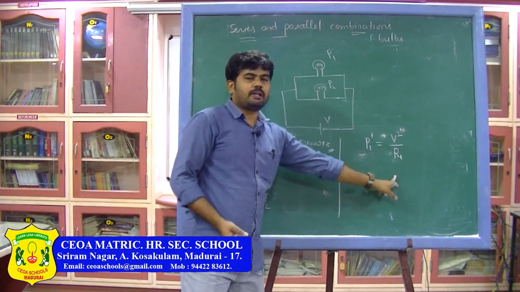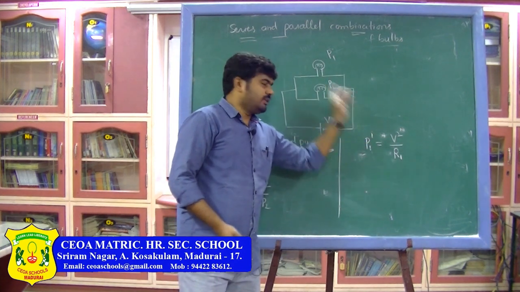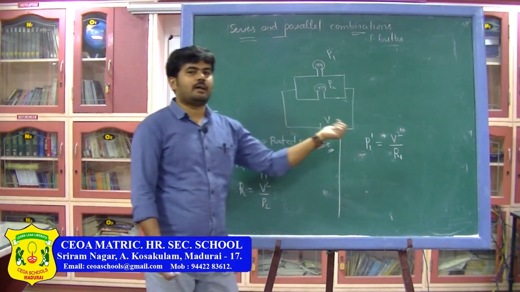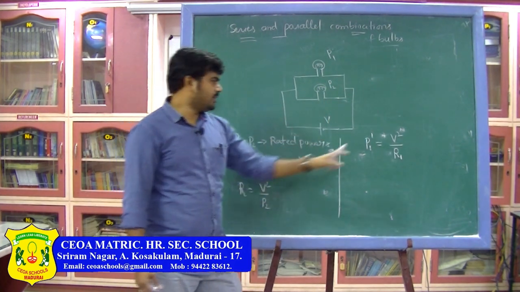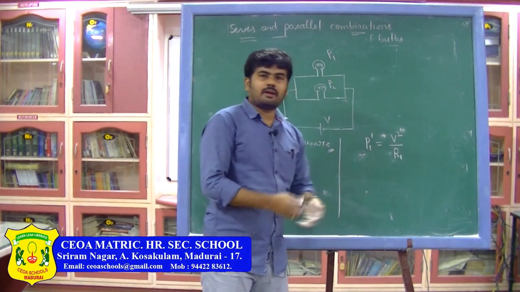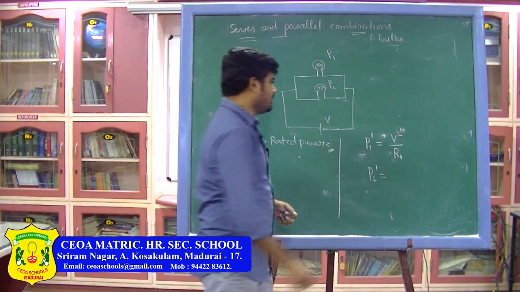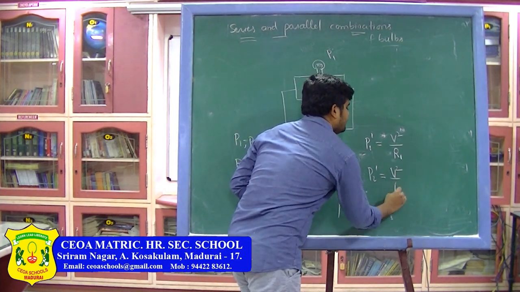So we have to use this relation for power consumption. In series combination we used a different relation, I square R1, because current is common in series combination. So here P1 dash is equal to V square by R1 and P2 dash, the power consumption by the second bulb, is V square by R2.